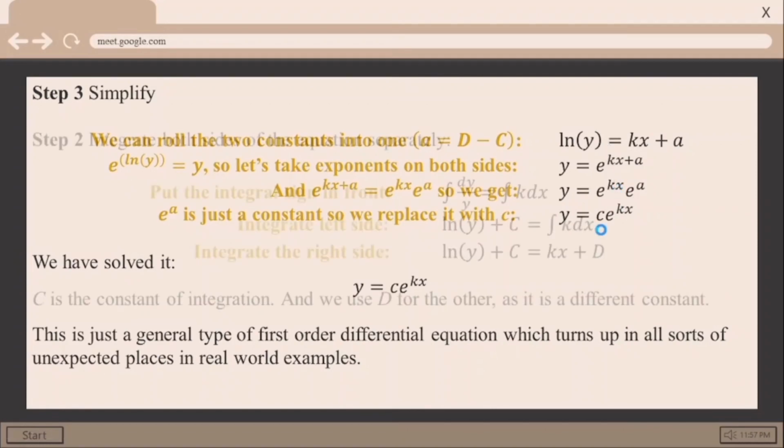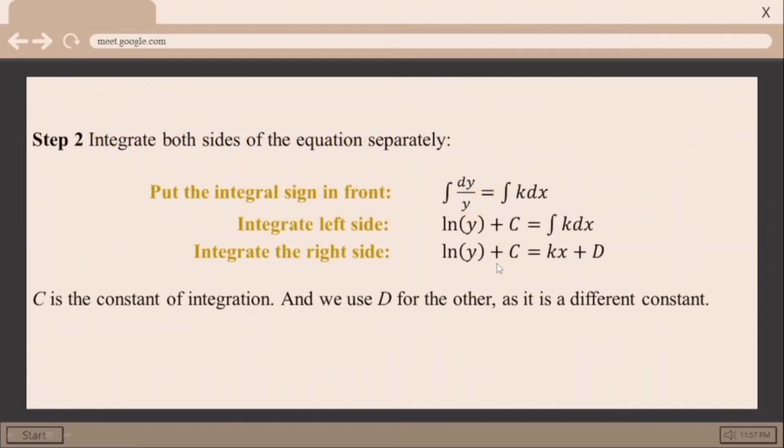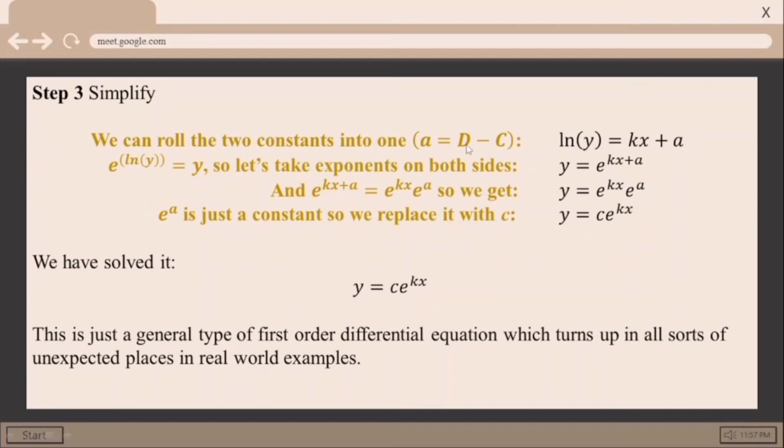Since c and d are constants, we put them together by transposing. So this we transpose to the other side, that's why from positive it turns into negative, so d minus c, which is what happened here. Then we substitute it with a to make it shorter.